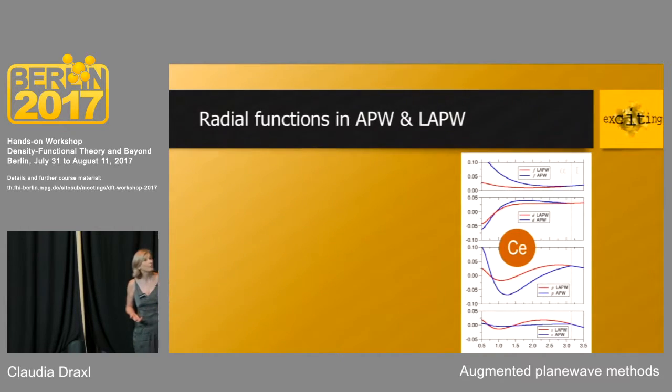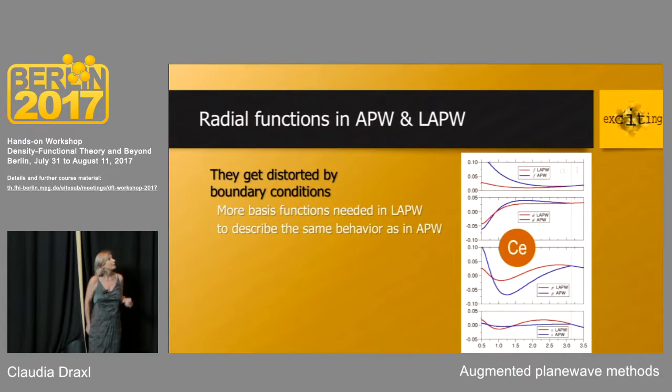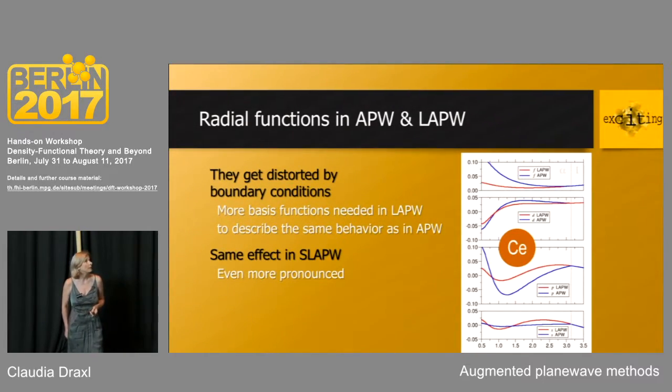And that's why you need so many more basis functions in order to get back to functions that look like this. So what looks good at the end is in fact the drawback. Due to this distortion, this is the reason why we need so many more plane waves. And this is just the difference between APW and LAPW.